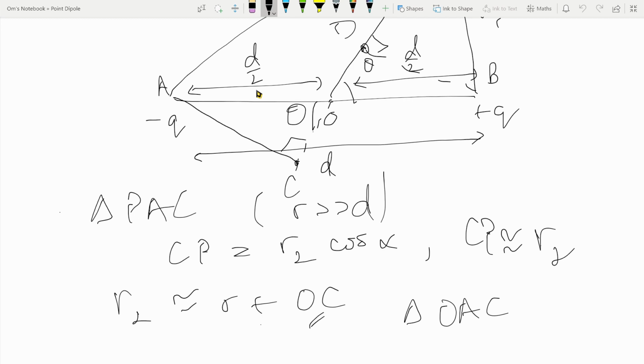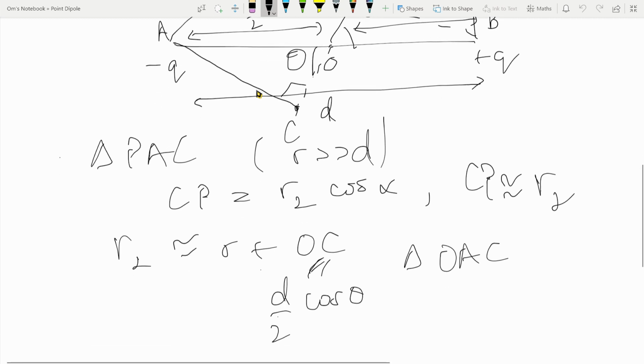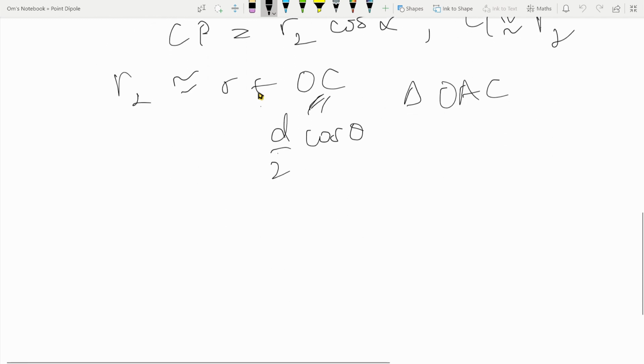So OC is clearly equal to d by 2 cos theta. And here we cannot use approximation because theta is the angle made by the point P with respect to the center of the dipole, and that is not necessarily insignificant. So in conclusion, we can say that r2 is approximately equal to r plus d by 2 cos theta.